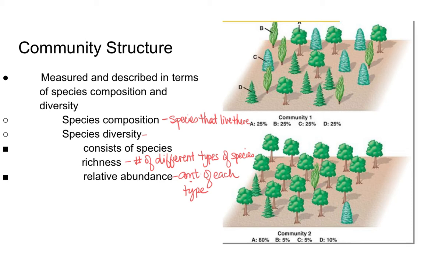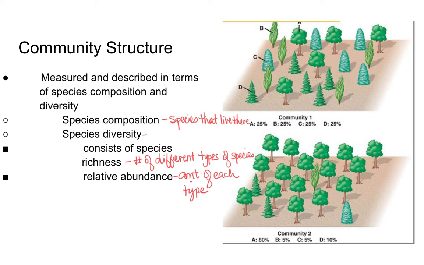So let's look at this image really quick. Let me switch to my laser. This entire area is going to be our community. We're looking at a community of different kinds of plants or trees. Notice we are looking at the entire area, so we can talk about all of the individual species. These guys would be all the same species. These guys are a different species, so that's 2 so far.